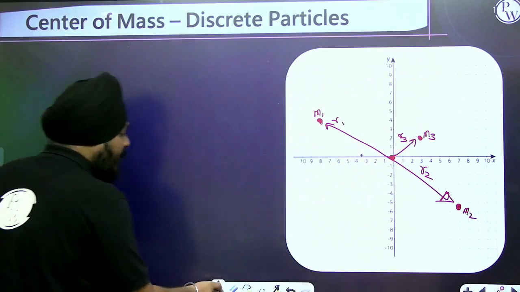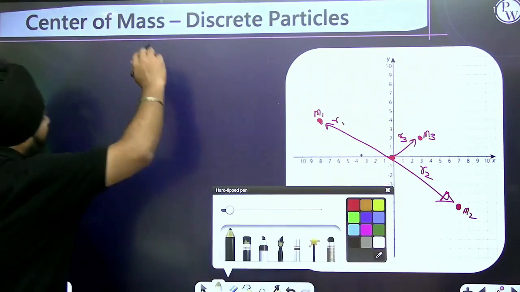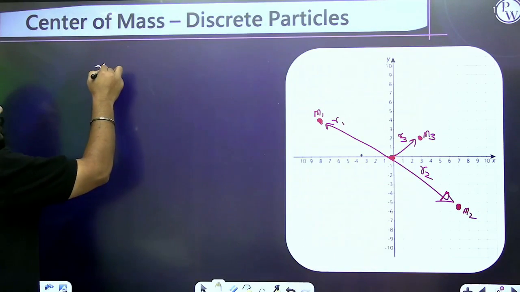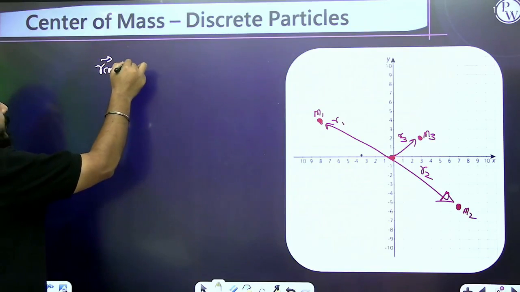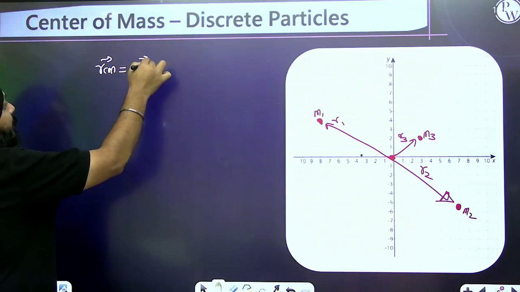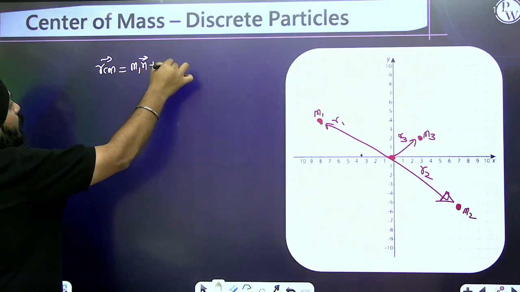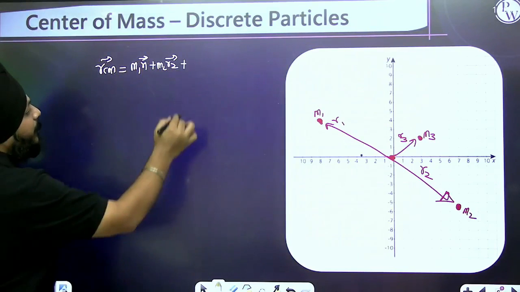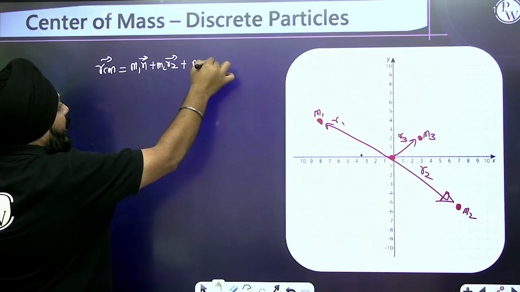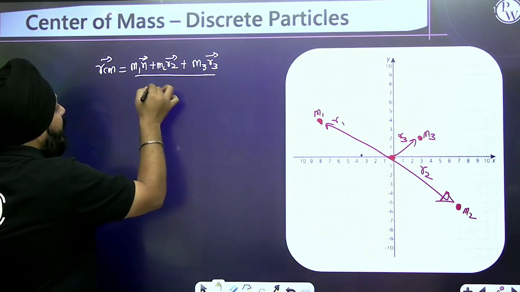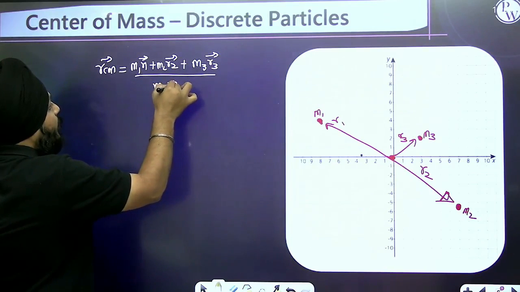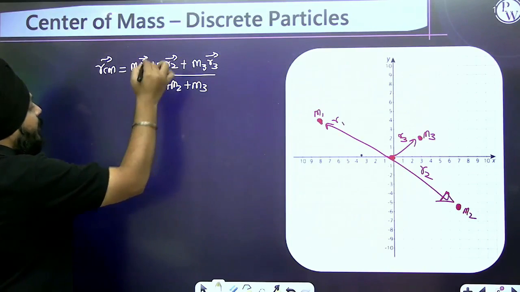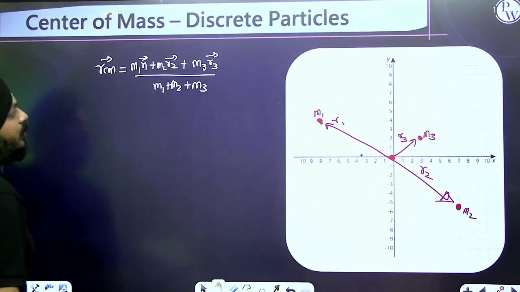The center of mass in vector form is directly written as (m1 r1 + m2 r2 + m3 r3) whole divided by (m1 + m2 + m3).